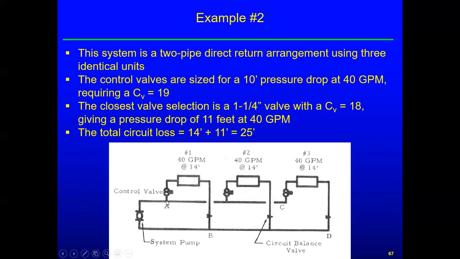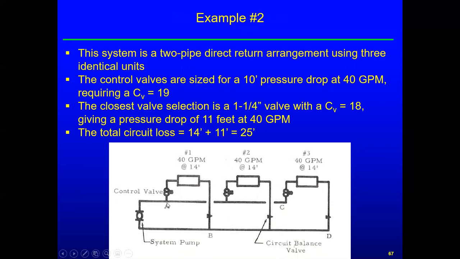But from A to this first takeoff, we have 80 GPM, and from the takeoff of unit 2 down to C, we only have 40 GPM, and then we have 40 from D back to the return point on circuit number 2, and then we have 80, and then it goes to 120. So it depends which section you're sizing.